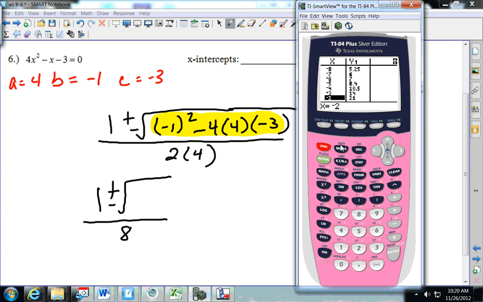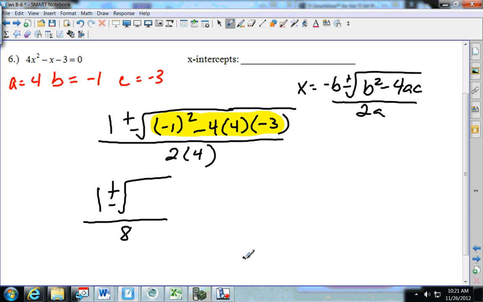So I go here, and I have parentheses, negative 1 squared minus 4 times 4 times negative 3. And I press enter. It is 49. So underneath the square root sign goes 49.